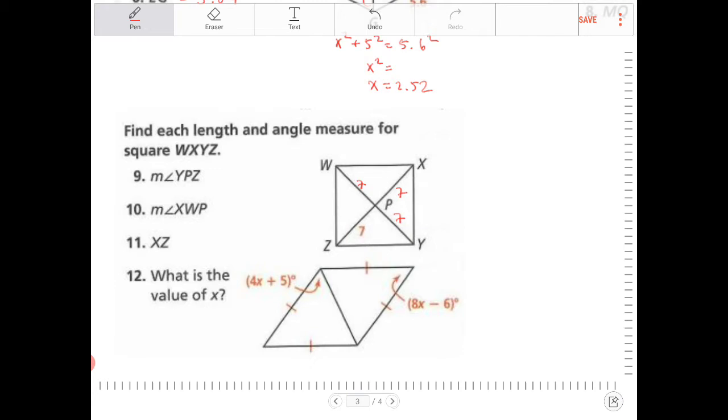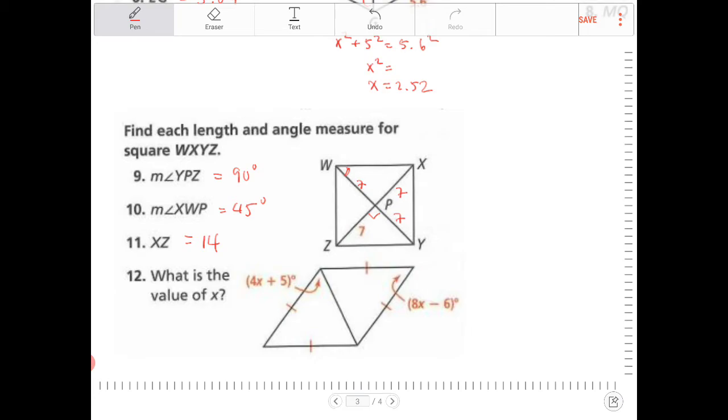And YPZ here has to be a 90-degree angle because a square is a rhombus and diagonals are perpendicular bisectors of one another. XWP has to be 45. And then I need to find out what XZ is. XZ is equal to 14.